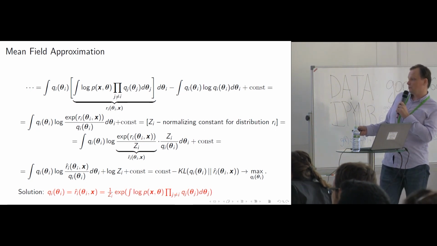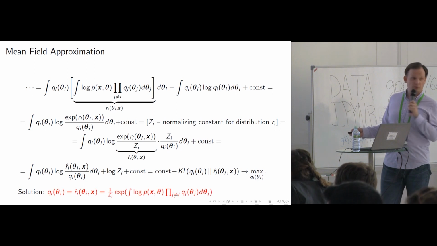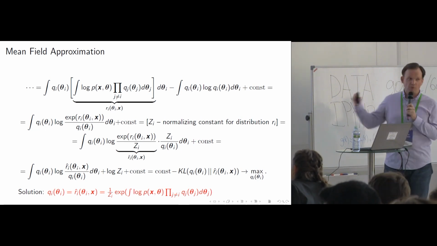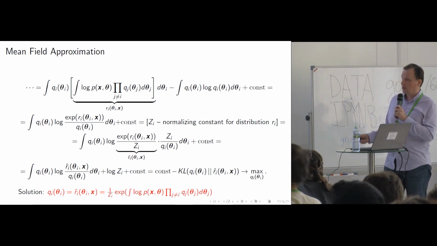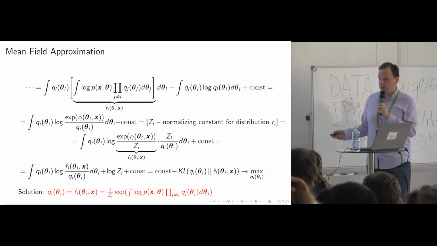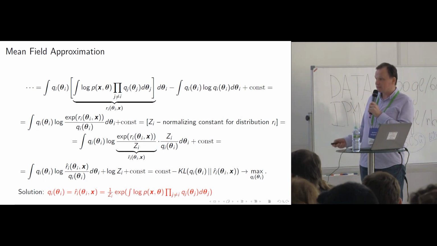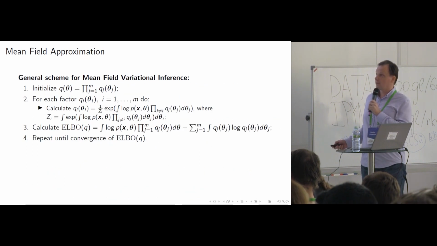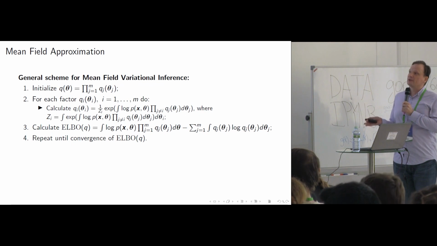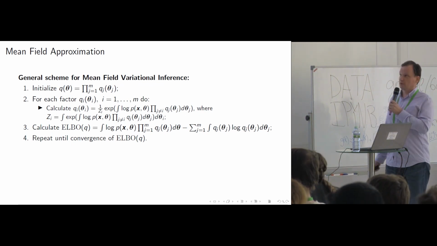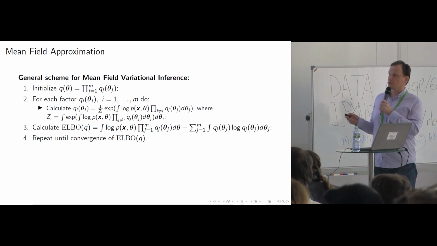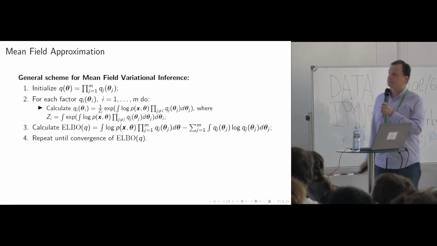So what we need to do here is to take a log of a joint distribution, to marginalize it with respect to all factors that are fixed on this iteration, take an exp and normalize in order to be a distribution here. So, some analytical formulas. And in this way, we come to the following general scheme for mean field variational approximation. So what we do, we fix our factorized family of distribution and initialize it somehow.